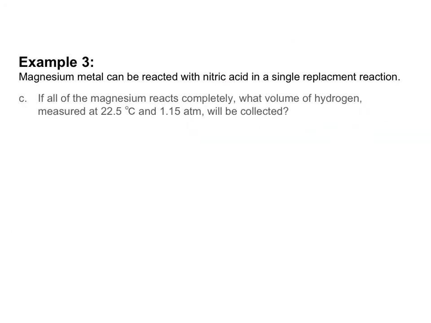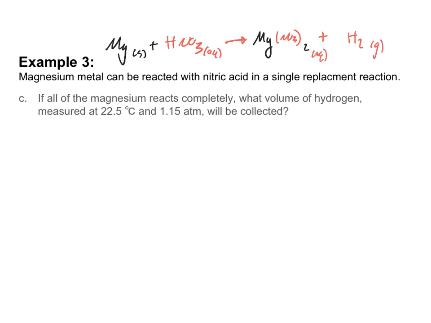So this page says, if I have the magnesium, which is a solid, plus the HNO3, which was aqueous, reacts to form the magnesium nitrate plus the H2, which was gas, like that, okay?